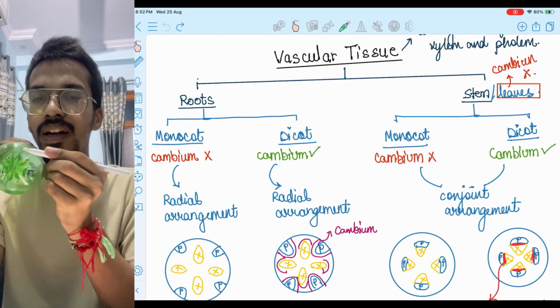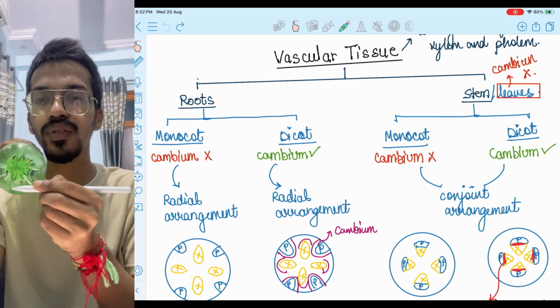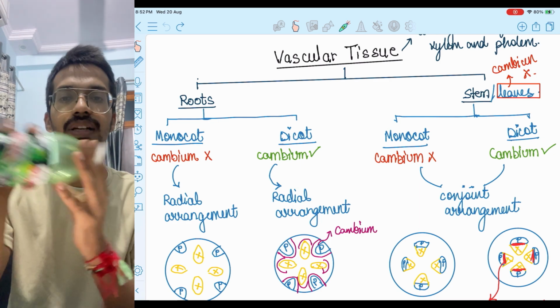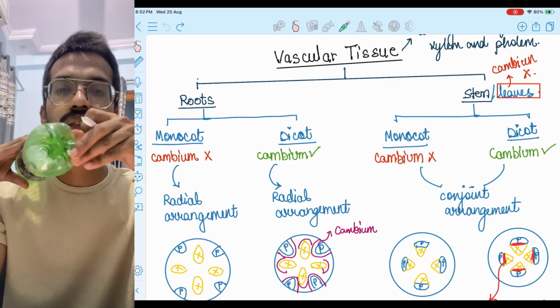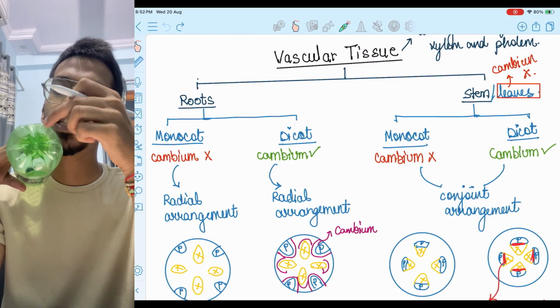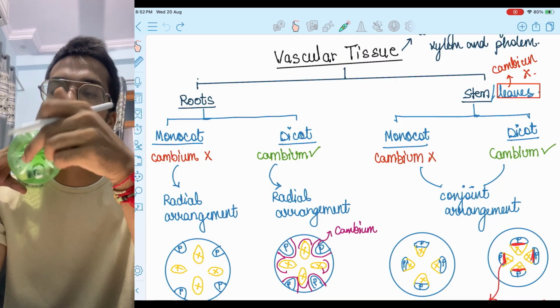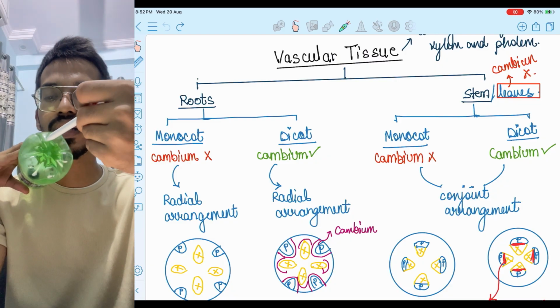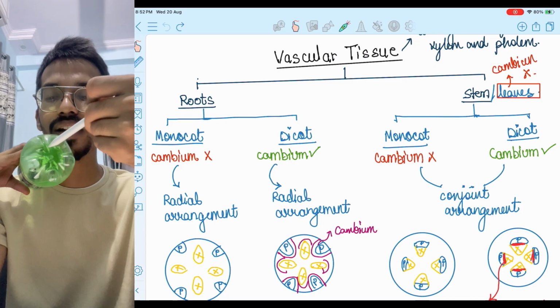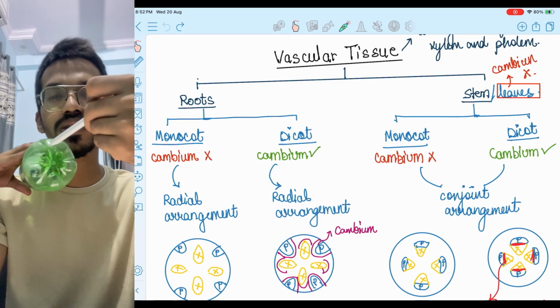For example, if this is the level where all the phloem is present, then the phloem, with respect to the center, has a particular radius, and alternatively at this point, the depression point which is inward, at a different radius, is where your xylem is present.